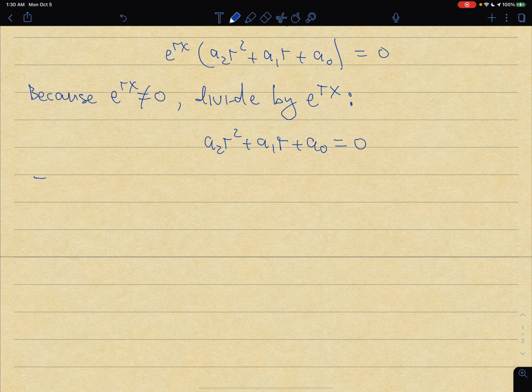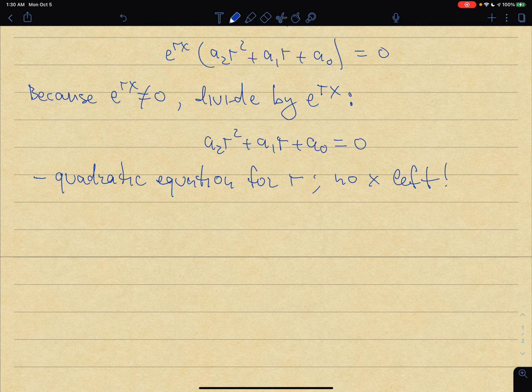So what I get is a quadratic equation for r, and there are no x left here, right? So I just have a quadratic equation.